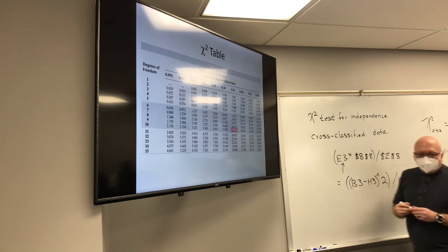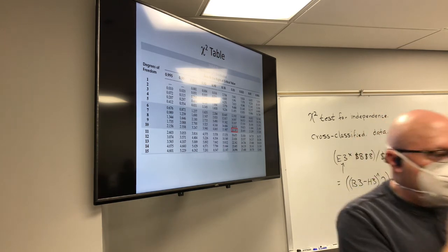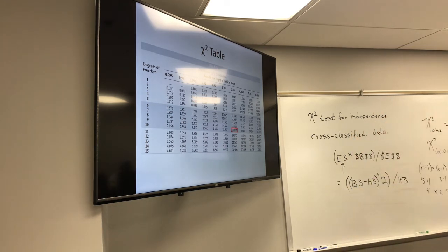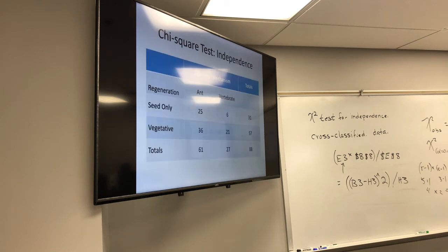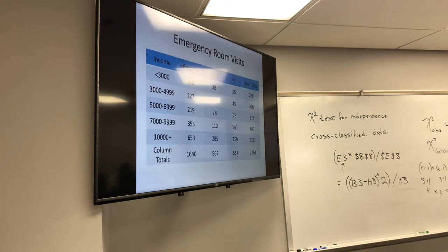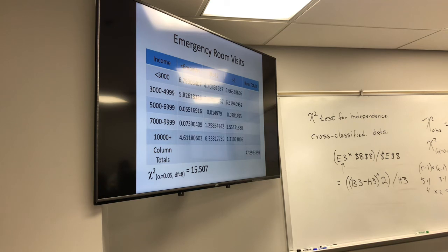Now, we can kind of figure out what's going on in the data by looking at the differences between the observed versus expected as expressed by the contribution of each individual cell to the chi-square value. So let me go to that. In your PowerPoint, I've got the raw data, then I've got all of the expected values, then I've got the chi-square contributions, and the total chi-square.